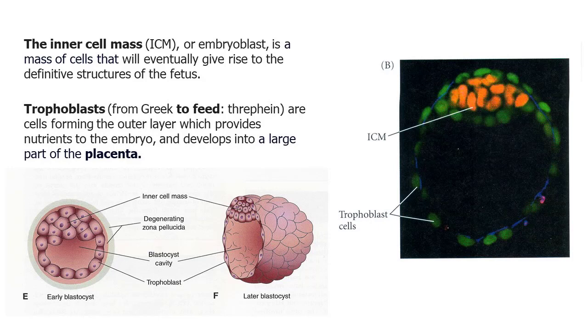So the trophoblastic cells are going to become part of the placenta. It's the embryonic part that's going to detach as the afterbirth, after you deliver the baby. So this is the trophoblast, this is the inner cell mass, and everything you are is going to come from the inner cell mass.